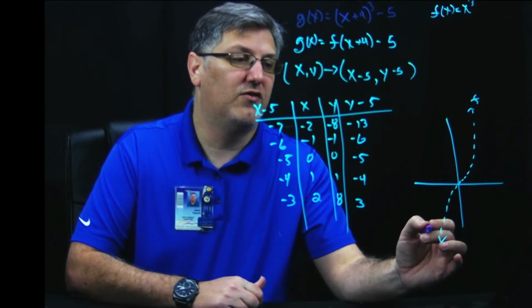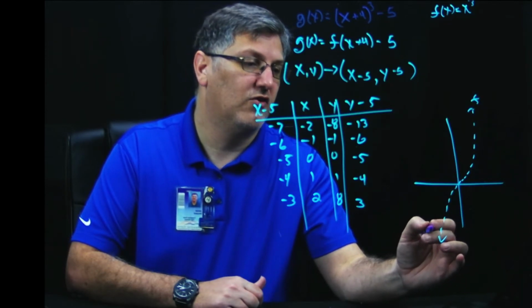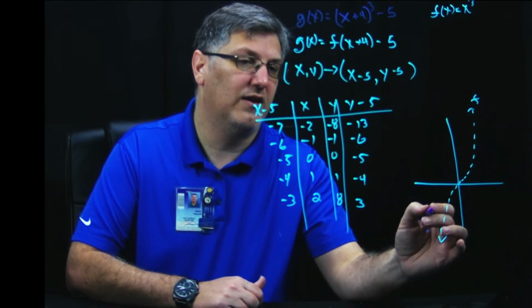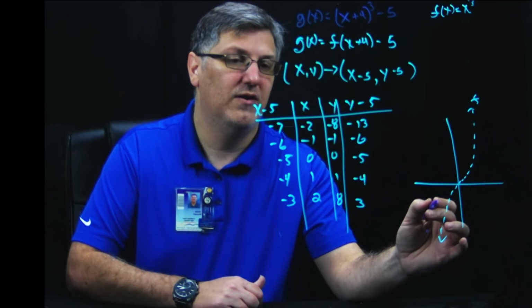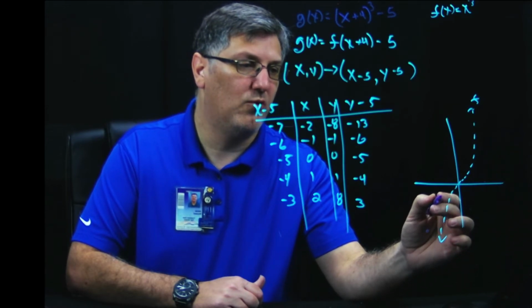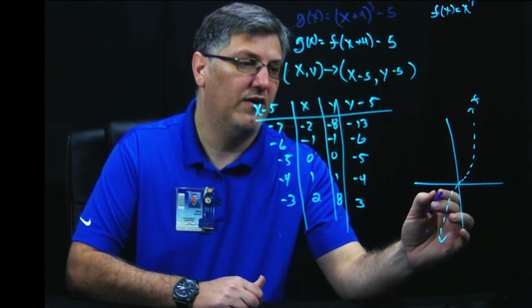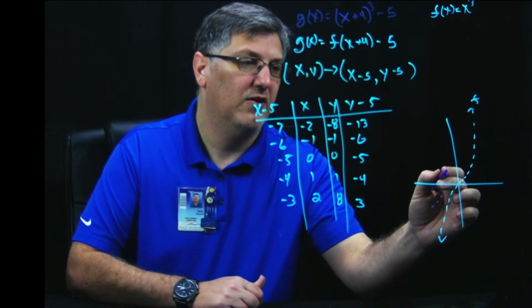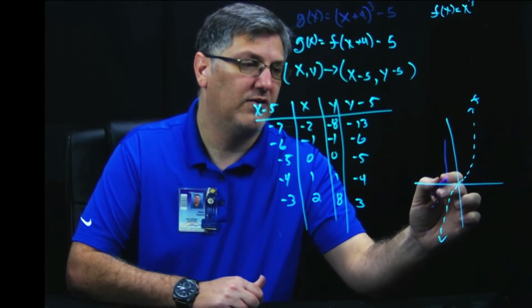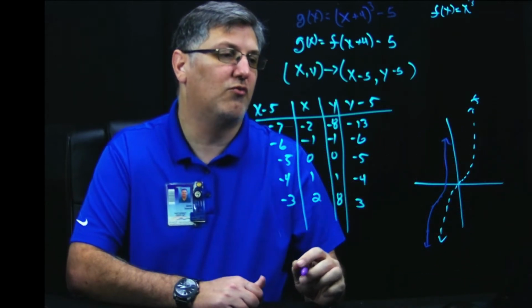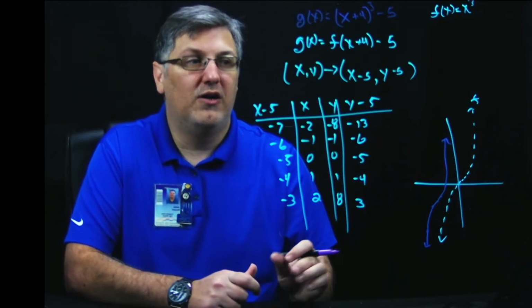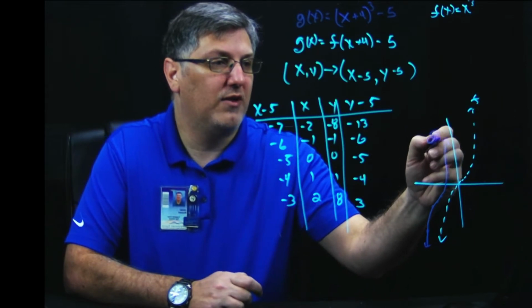And then -5, -6, which is about halfway up. Then -4, -5, -3, -4, and then -2, 3. So my graph is doing something like this. Now we're sketching graphs. We're not being precise when we're graphing them, but this would be approximately what my g is.